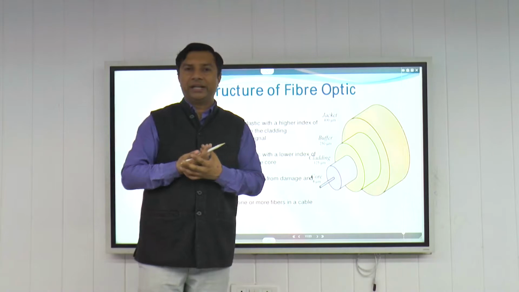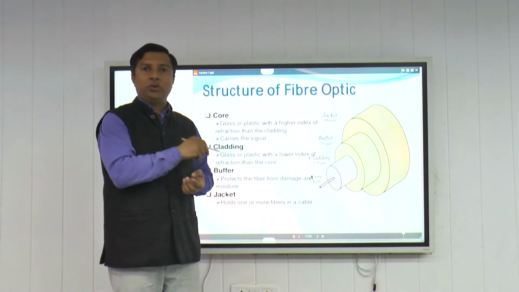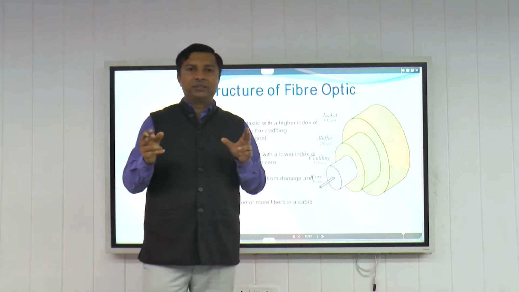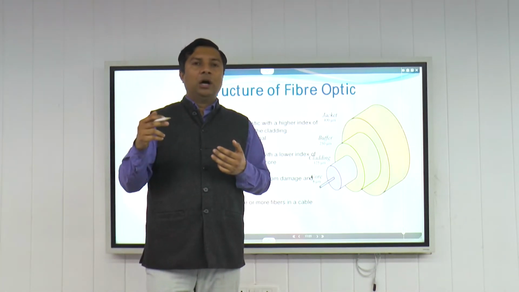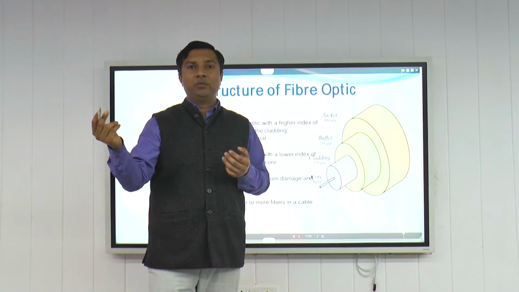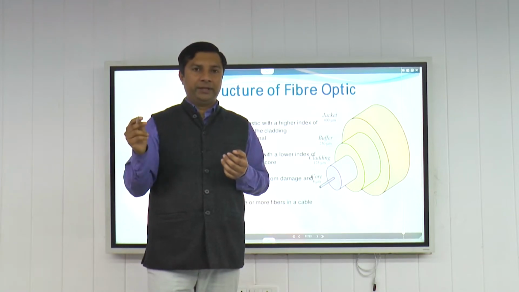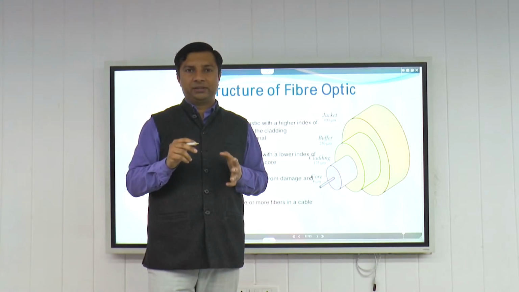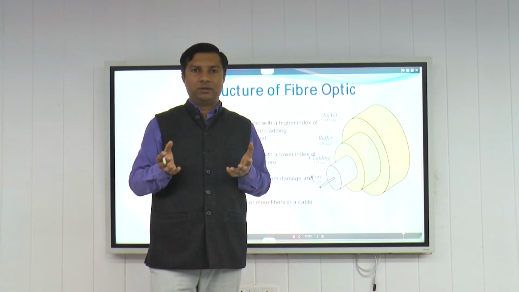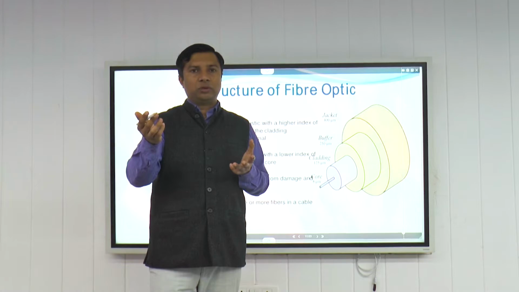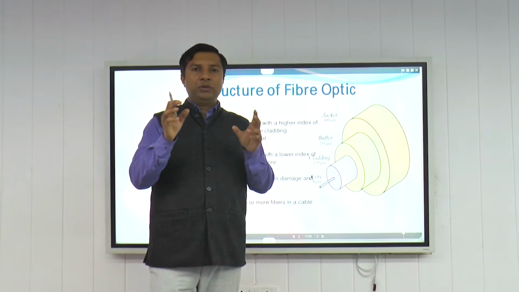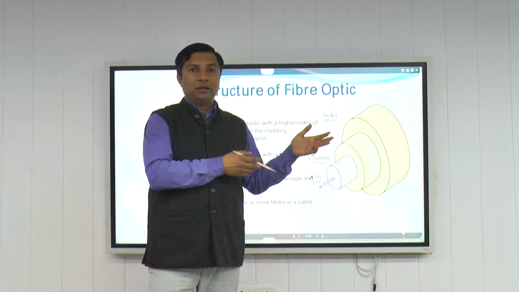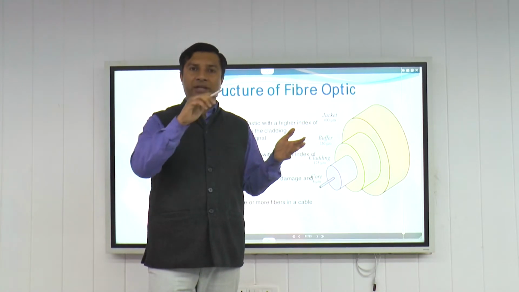Now what is this refractive index? Let me tell you here only so that you don't get confused. The refractive index tells us how fast the light will travel through a particular medium. And every material has its own refractive index. It is a dimensionless number. So if you want to say with how much speed light will travel through air, then air will have a refractive index.